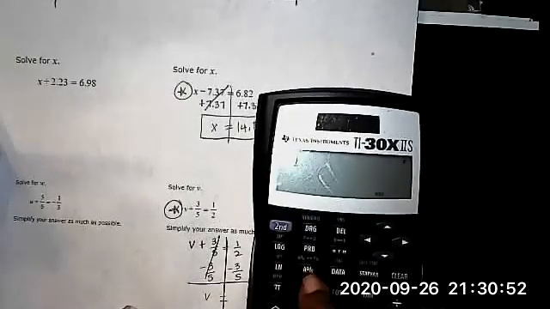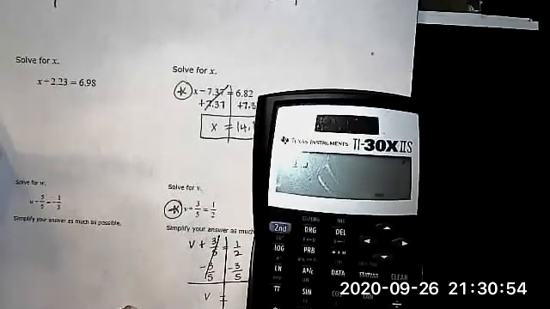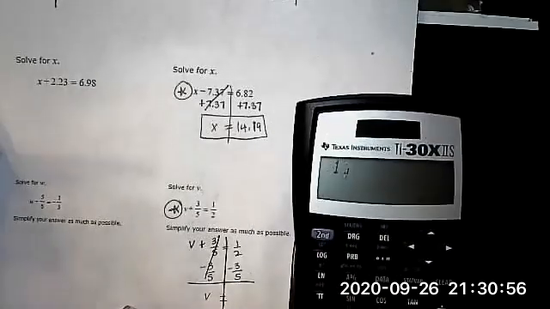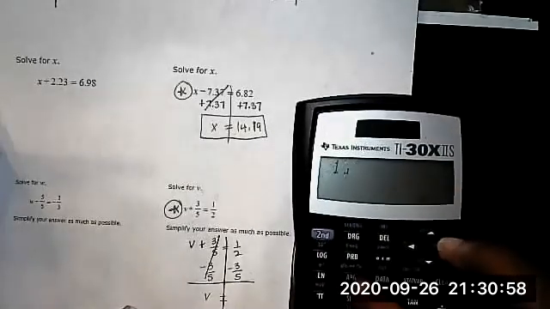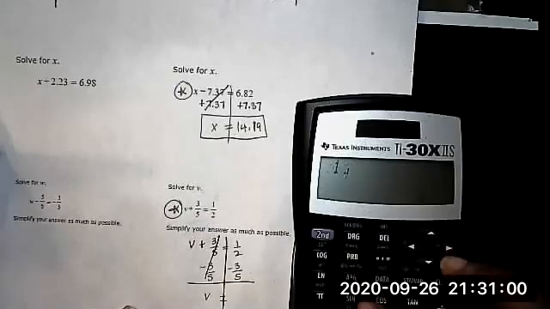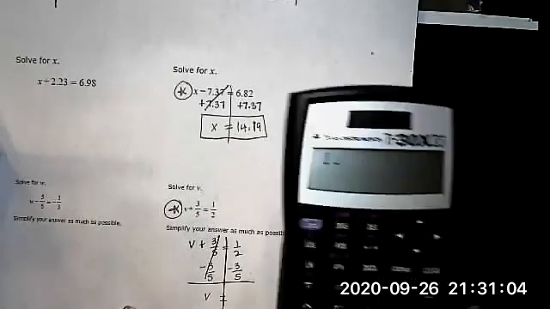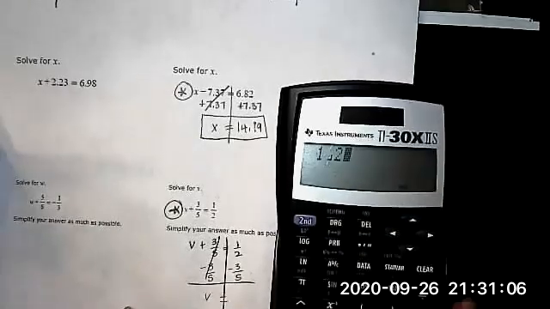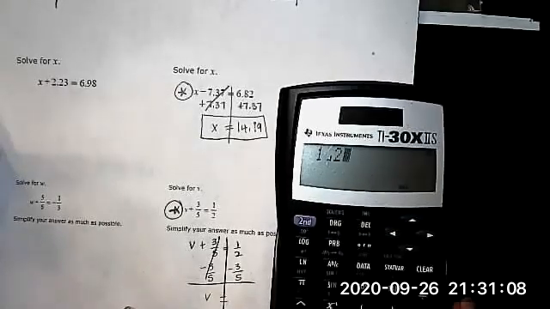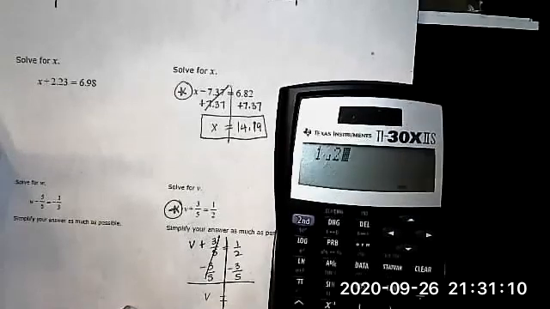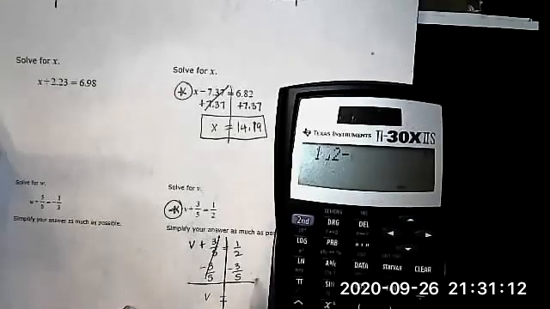This is going to be your little friend. It's right above sine. You're going to push that instead of the division, and then you're going to say 1/2 that way. Minus, okay, remember when you have that negative here, that means minus 3/5.